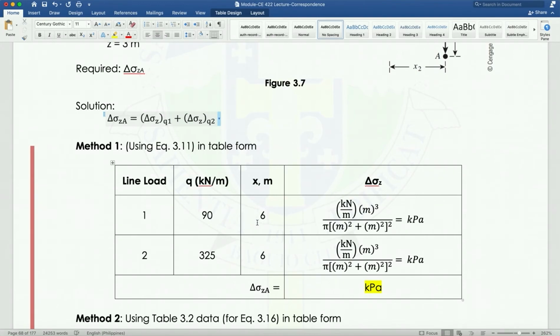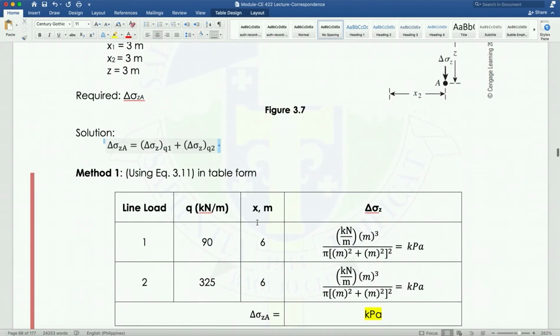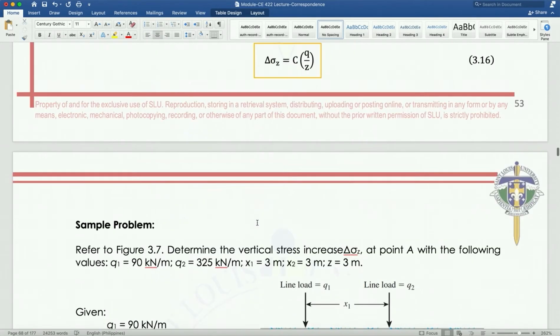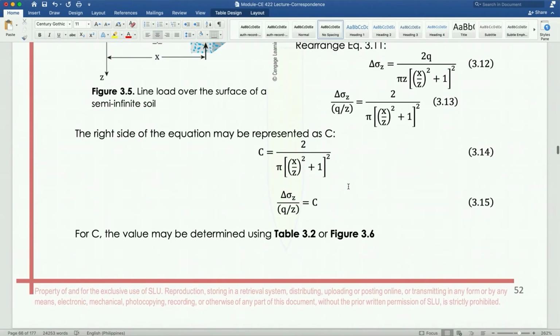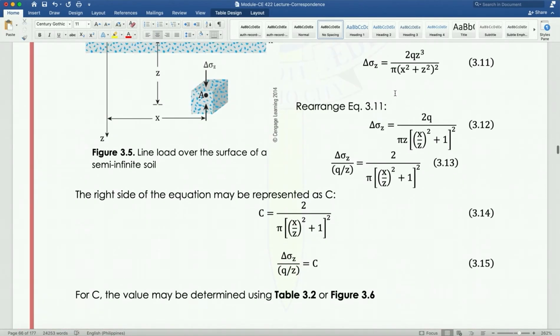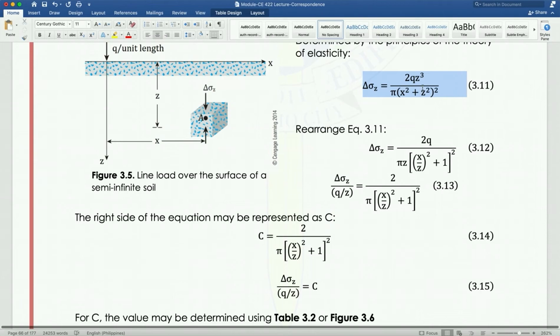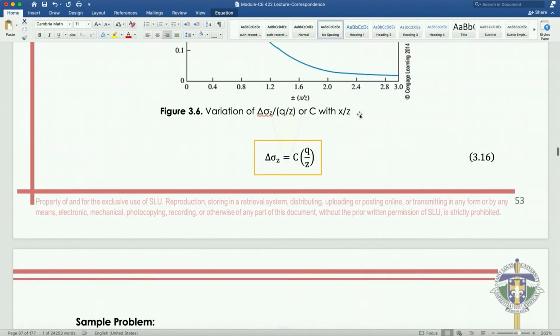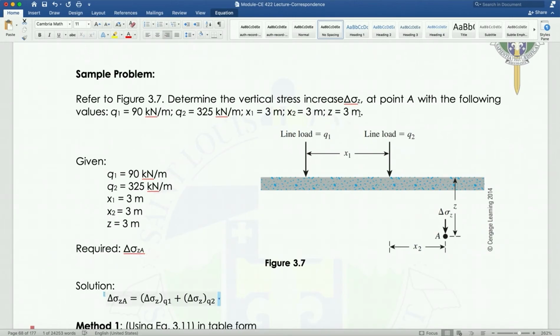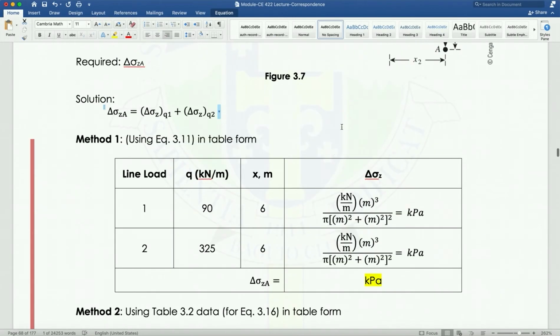Okay. Now what is our working equation? Our working equation would be, like what I've said, is this one. Let's copy and place it here so we can have a reference.